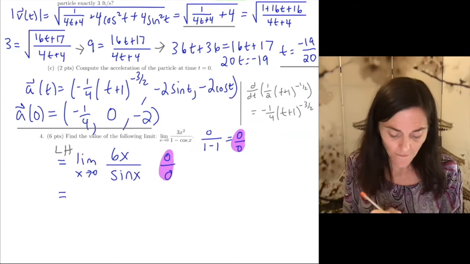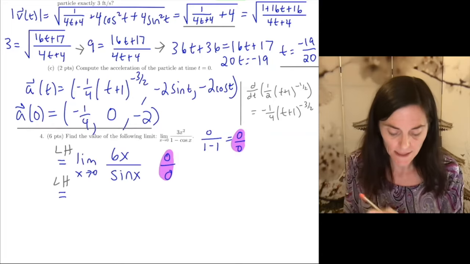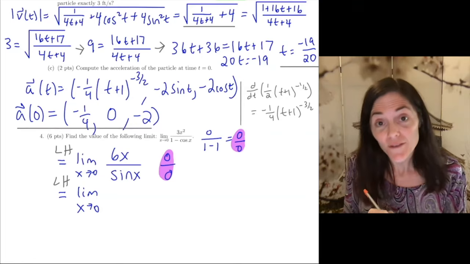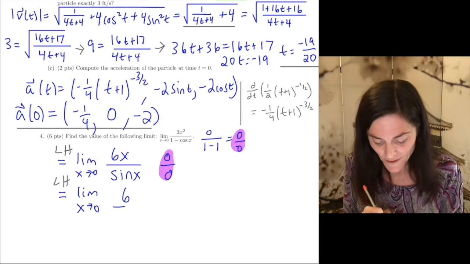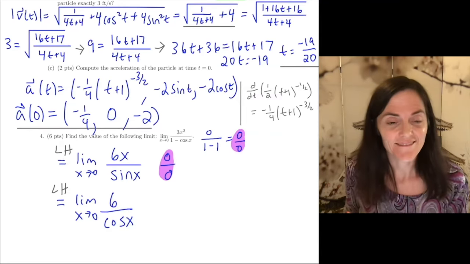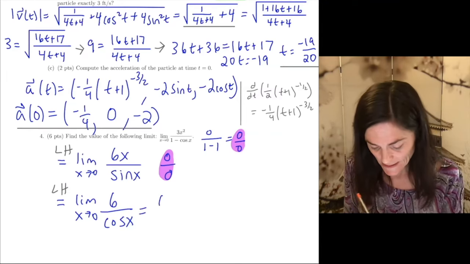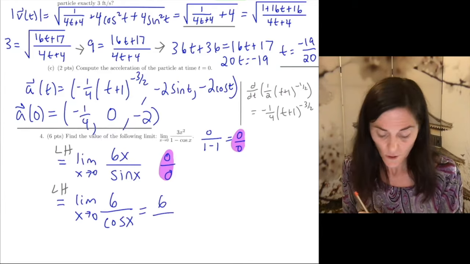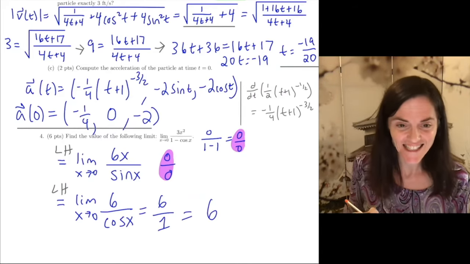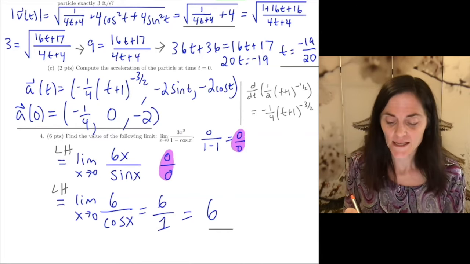So we have to do L'Hopital a second time in this example. Sometimes this happens. Take the derivative on the top, take the derivative on the bottom, and reevaluate the limit. Now you notice we get 6. Cosine of 0 is 1. So this limit is 6. This limit exists and equals 6.